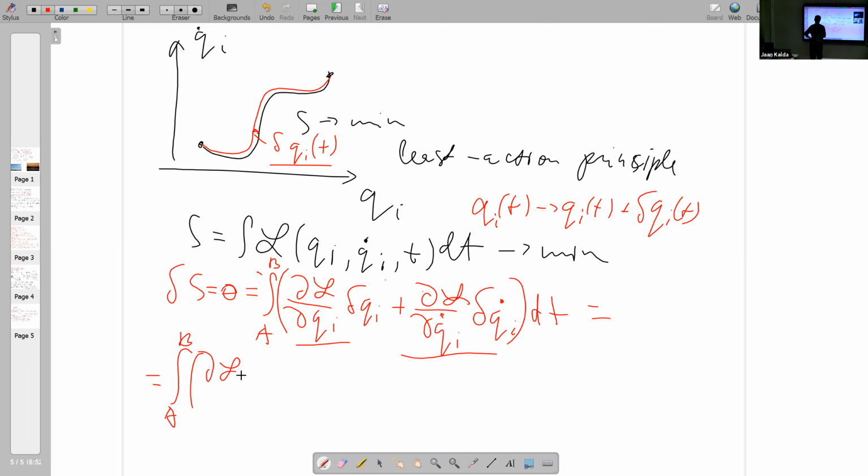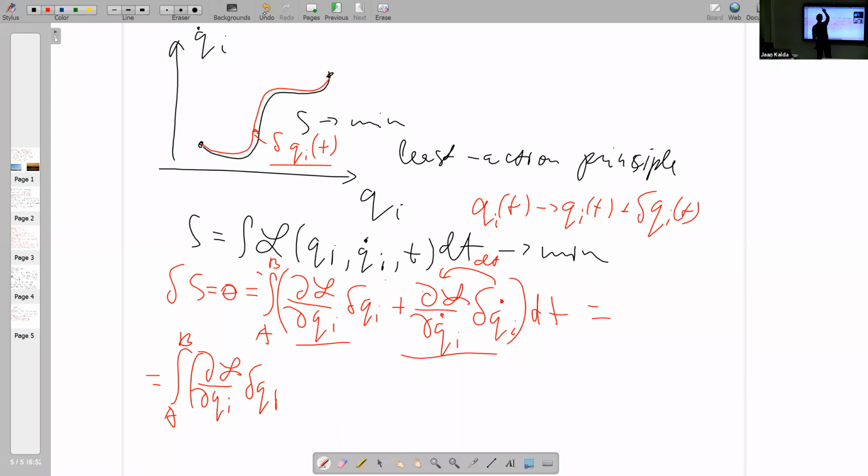∂L/∂qi delta qi plus now minus, because I swap the derivative to the other side, and we integrate over t. So this guy here is a time derivative and we integrate over t. So we take the time derivative here and swap it over here.